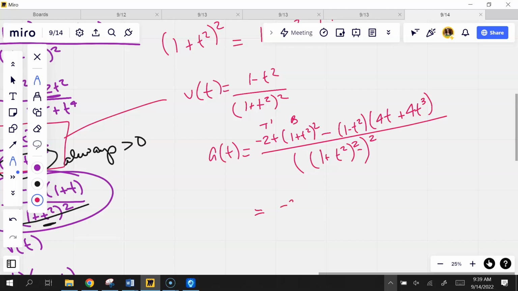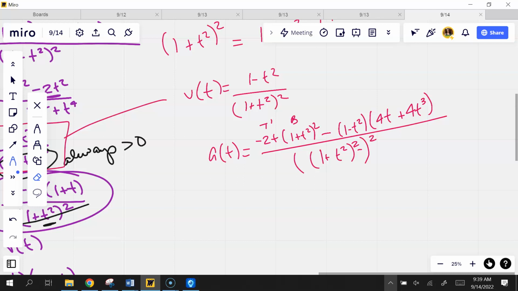Maybe negative 2t times 1 plus t squared minus, and maybe you multiply this out. I don't know. There's not a whole lot in here that I would do with it before trying. I'm paranoid about making a mistake, so I want to stop whenever I can. I would stop there, with all these exponents and stuff.